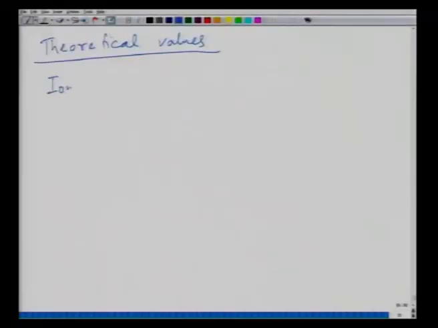So if you look for some numbers, here is the ion, then the electronic configuration, and then the calculated value, calculated for both orbital as well as spin.